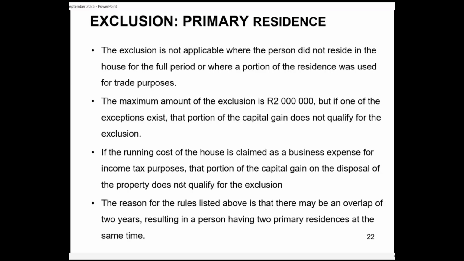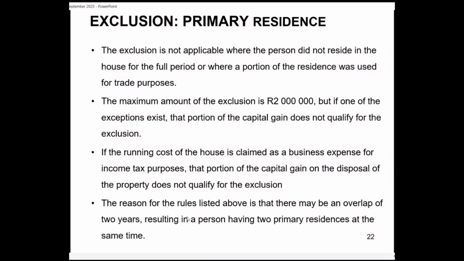Remember, if you were running the house, if you had the business expenses and part of the portion was used for trade, it will be section 11A. You will qualify for that deduction. You won't qualify again for primary residence exclusion.